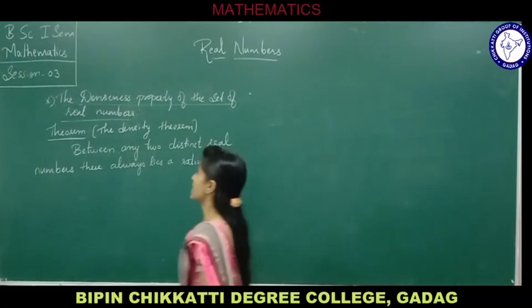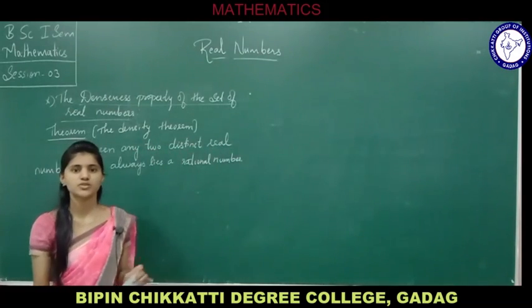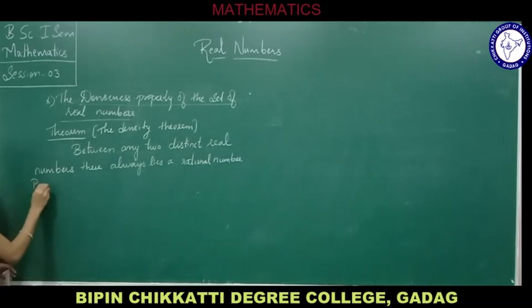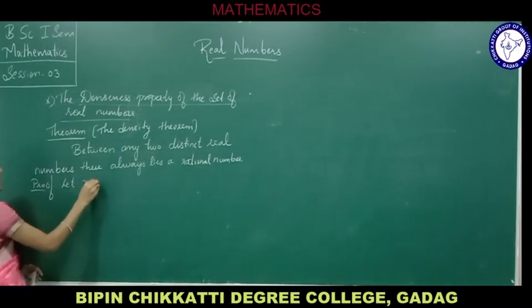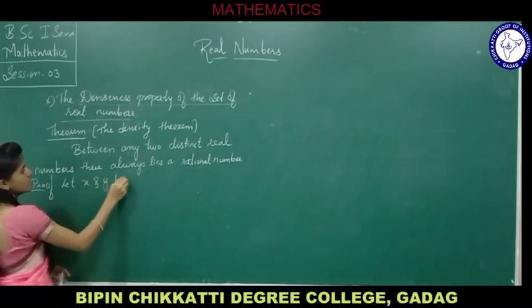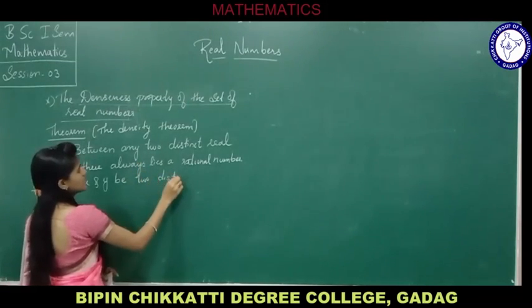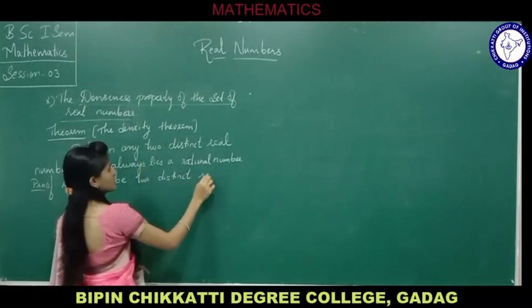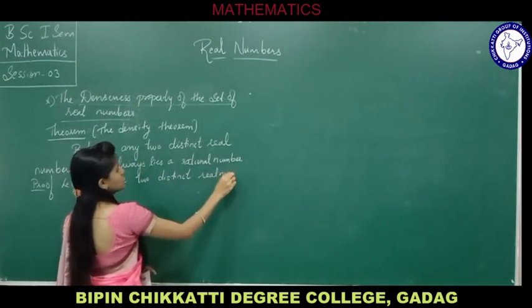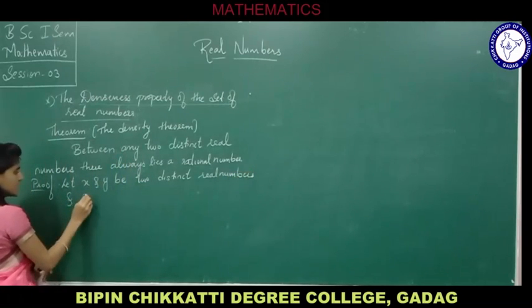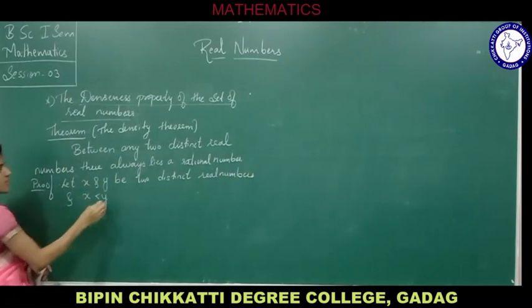Let us prove this. Proof: let x and y be two distinct real numbers, and let us consider x to be less than y.